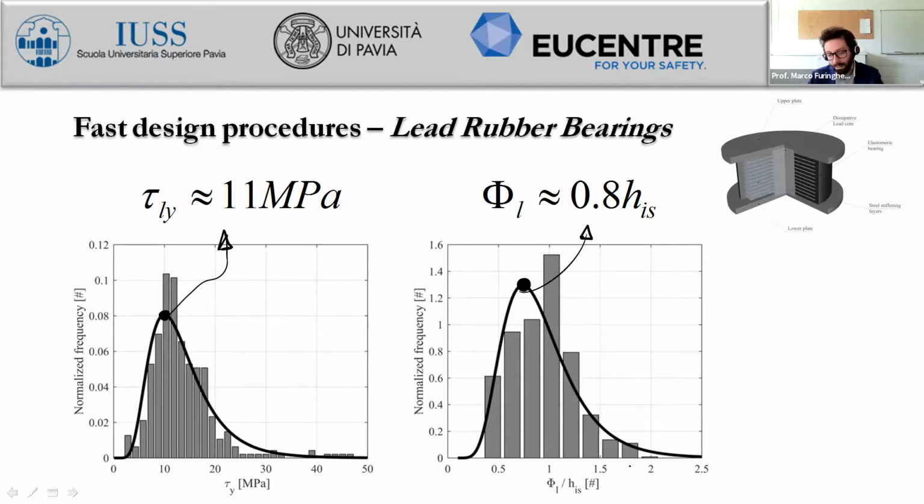Well, 2 is very low, so I think that between 0.5 and 1.5 are the most probable values. But generally, this is the most frequent in applications, and these are statistical observations of a data set related to full-scale devices really tested in the laboratory. So this means that they are quite realistic.